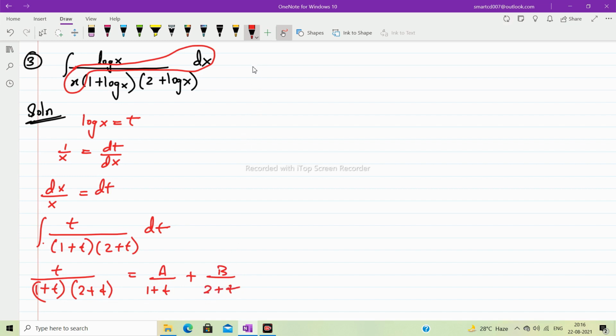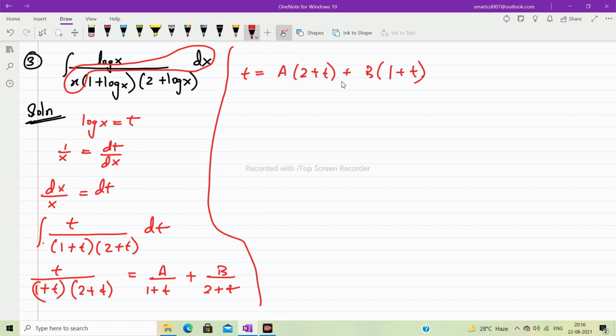Now again we'll take LCM, so I'll have t is equal to a into 2 plus t plus b into 1 plus t. Now you'll put t as minus 2 and t as minus 1. Once you do this, you will get the values of a and b. You can find the values by yourself now, just by putting the values in the equation. So you get a as minus 1 and b as 2.